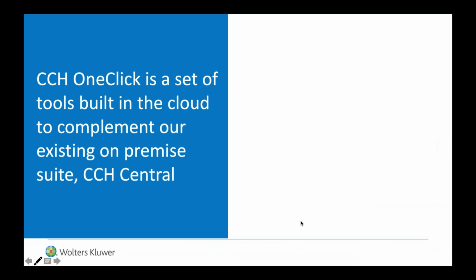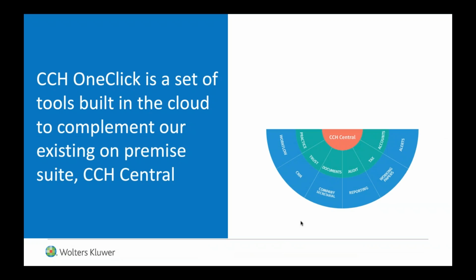So just to explain what one-click actually is, CCH one-click is a set of tools built in the cloud to complement our existing on-premise suite, CCH Central. It consists of two workspaces, the advisor workspace and the client workspace, each one accessed by a username and a password to identify who the user is.